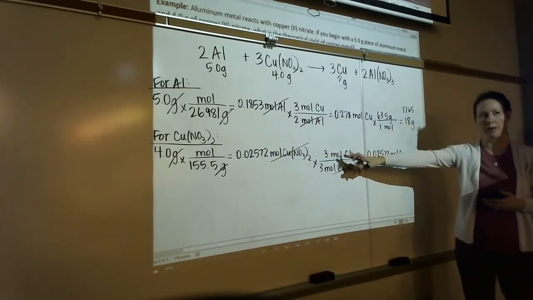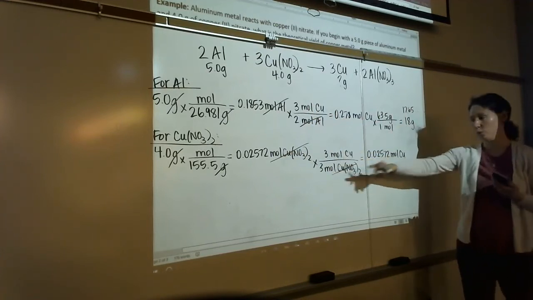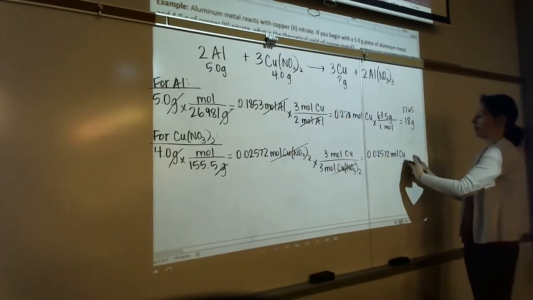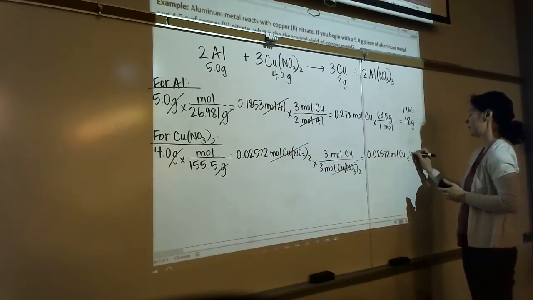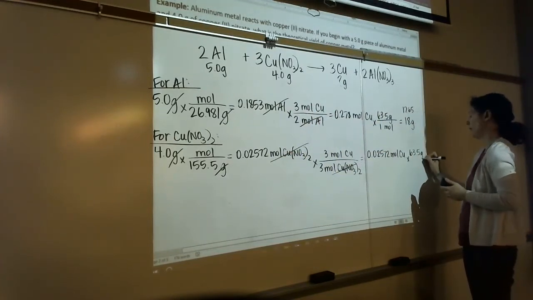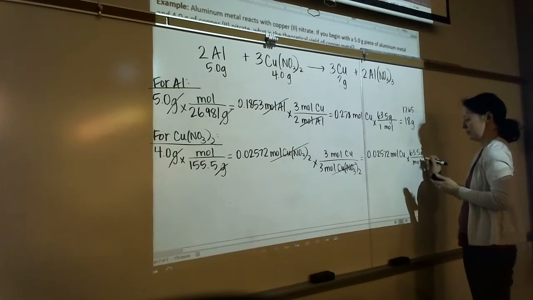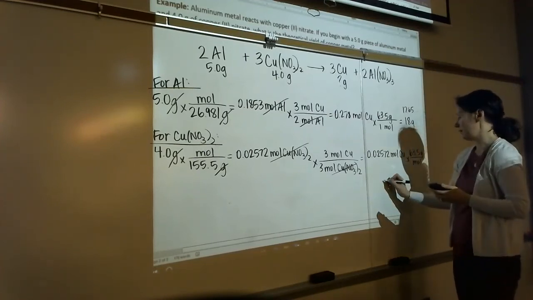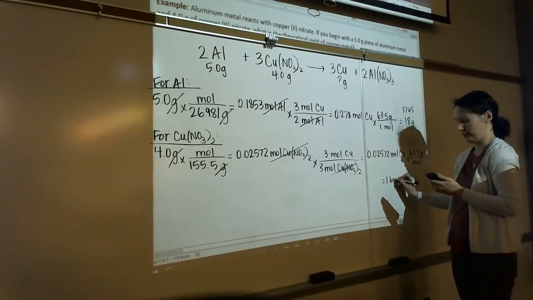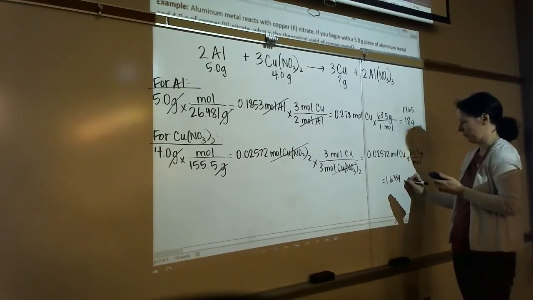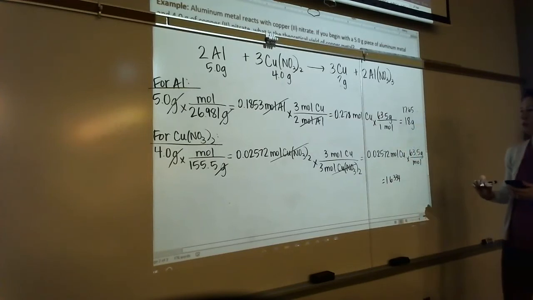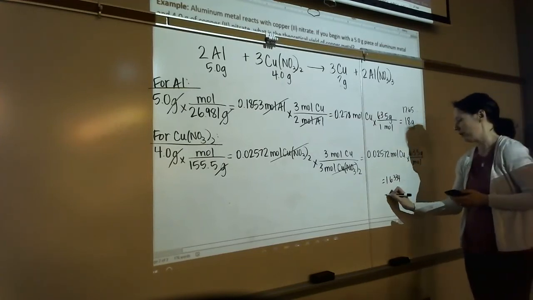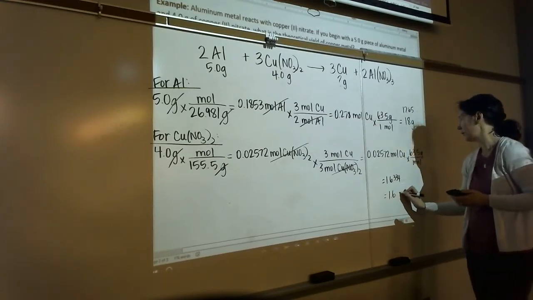Because multiply by 3, divide by 3, that's just 1. And now I've still got to convert that to grams times 63.5 grams per mole. So times 63.5. That gives me 1.6334, blah, blah, blah. I can only keep 2 sig figs, so that would be 1.6.